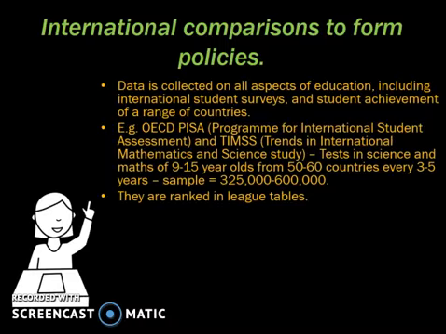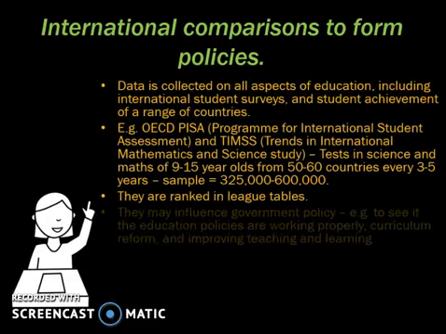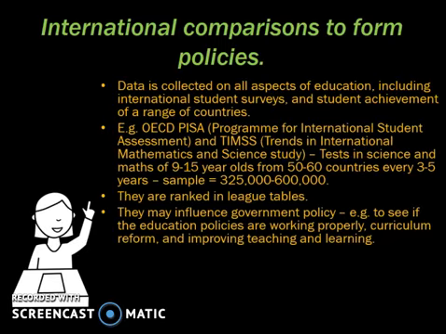So what we're seeing occurring with league tables in Britain, we're seeing on a global scale. We're seeing the same processes occurring. And where countries are ranked on this league table will influence government policy.